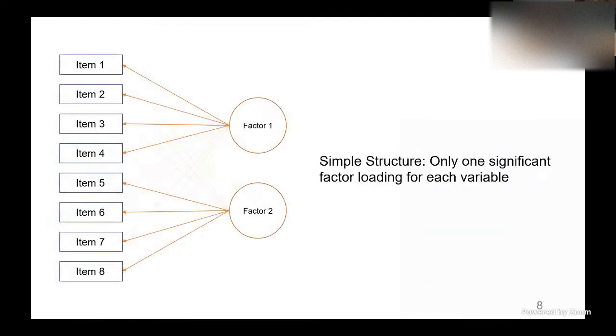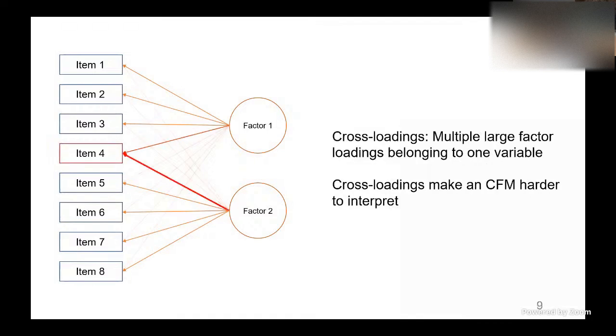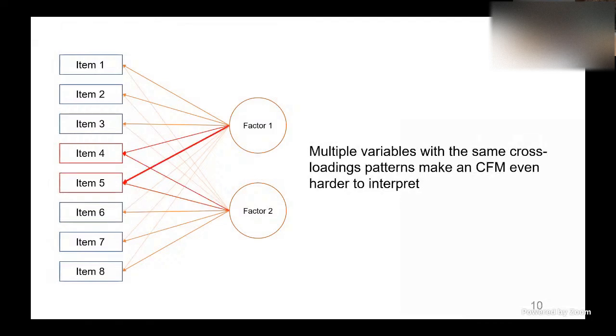Third, the structure of a factor model can be complex. The most ideal structure will be only one significant factor loading for each variable, like this figure shows. However, practically, we could have multiple large factor loadings belonging to one variable, which are called cross loadings. And cross loadings make a common factor model harder to interpret. Furthermore, we could have multiple variables with the same cross loadings pattern, which can make a common factor model even harder to interpret.